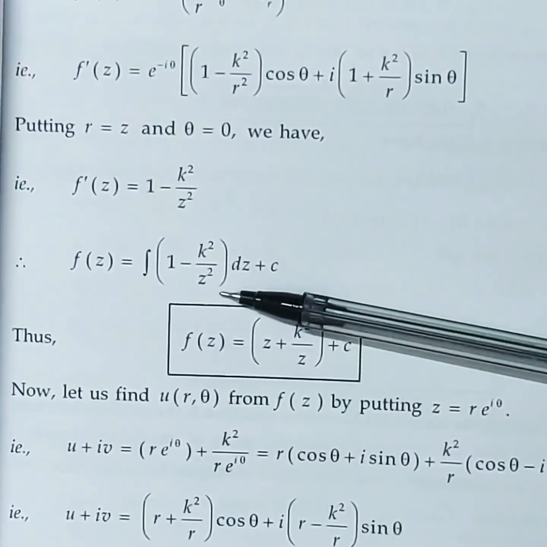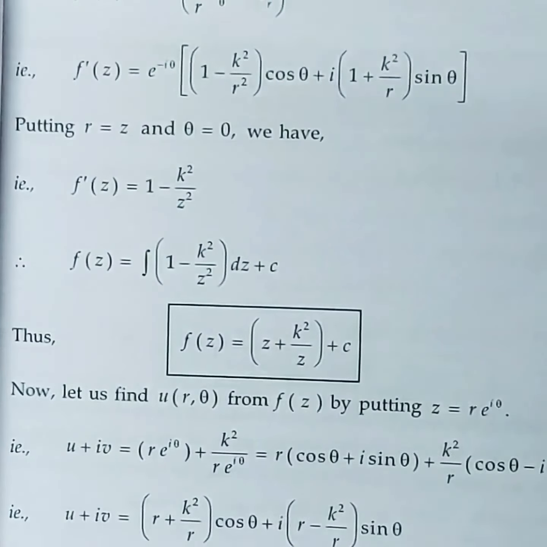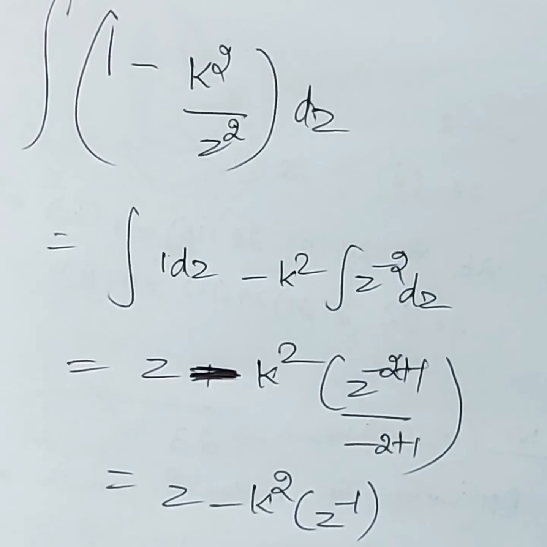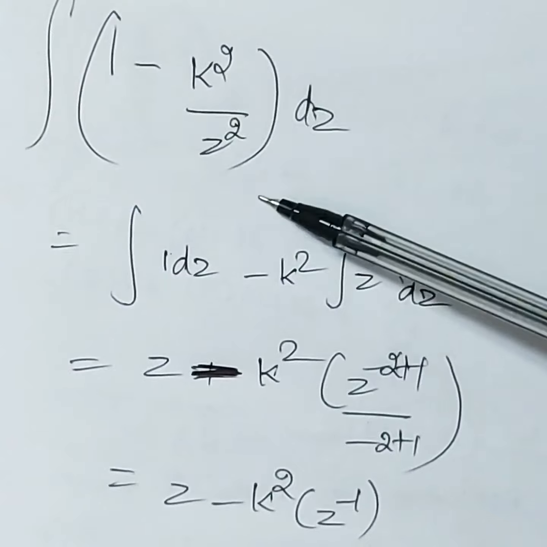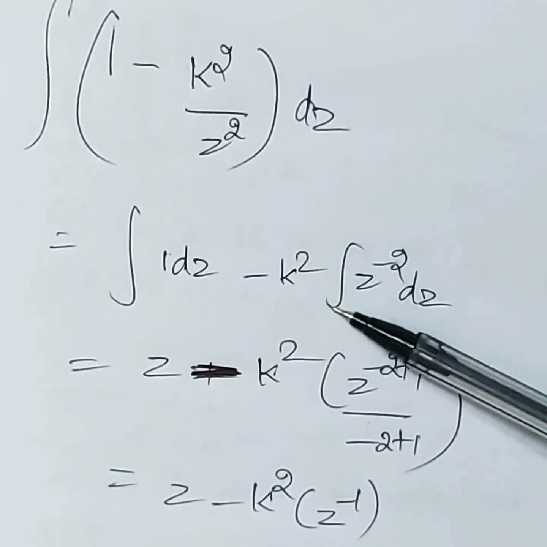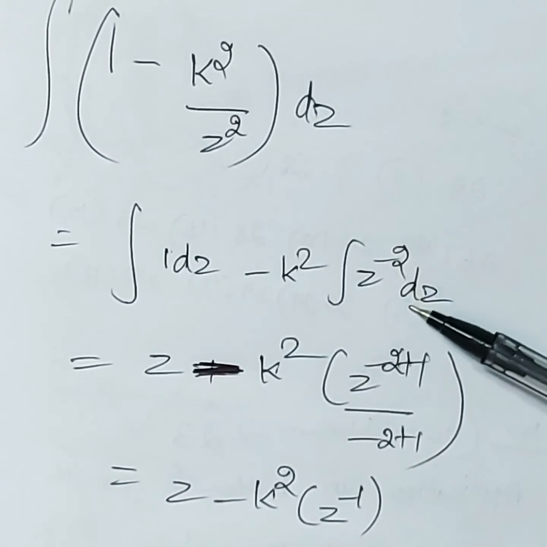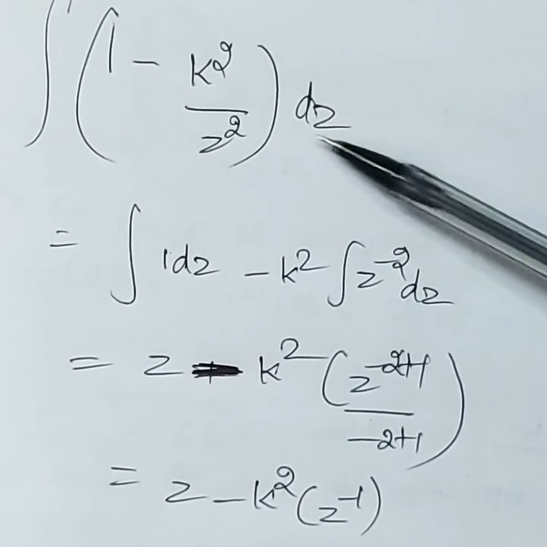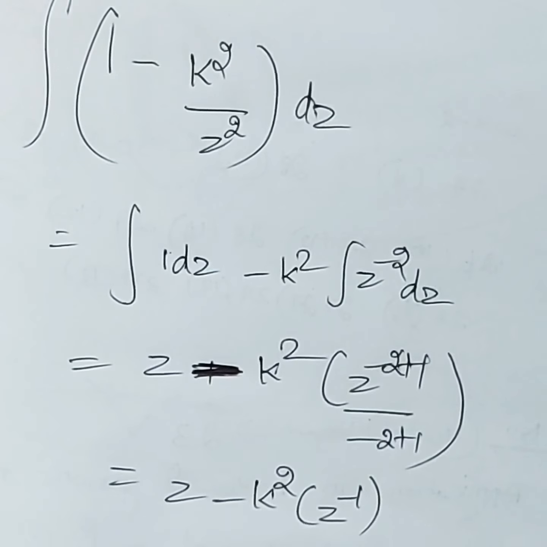If I take z square to the numerator, see the same terms I have written, 1 minus k square by z square dz. So I can split this into 1 dz minus k square into the integral of z power minus 2 dz. Denominator, if it comes to the numerator, is z power minus 2.